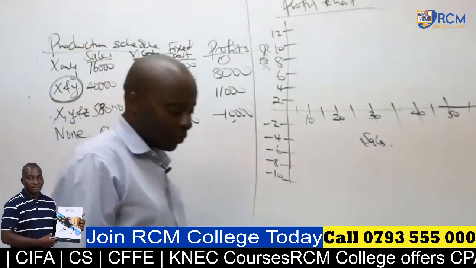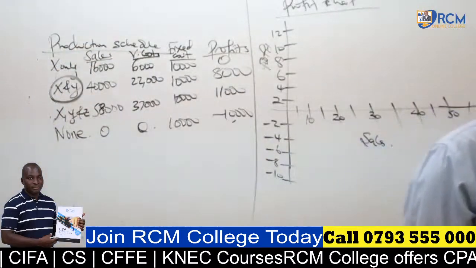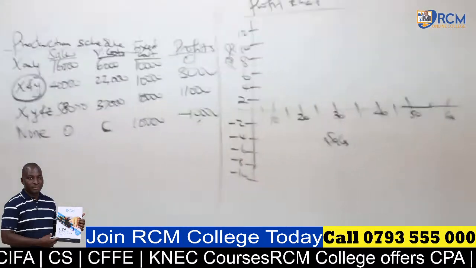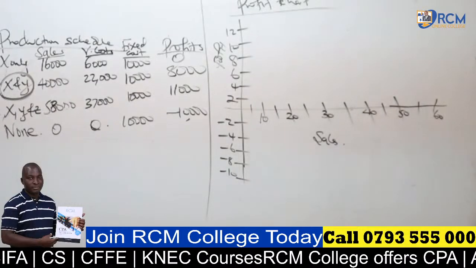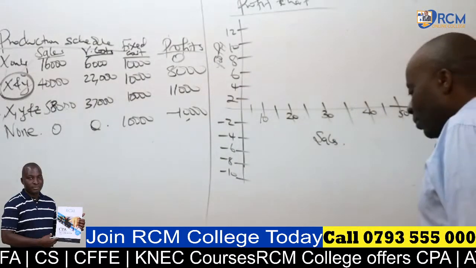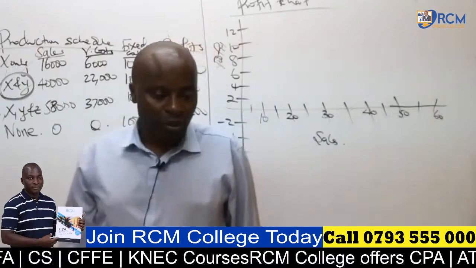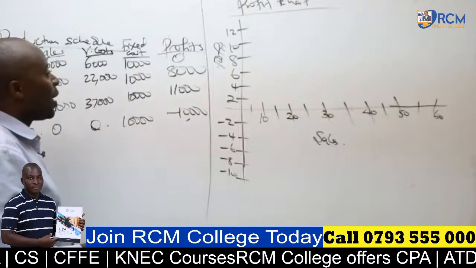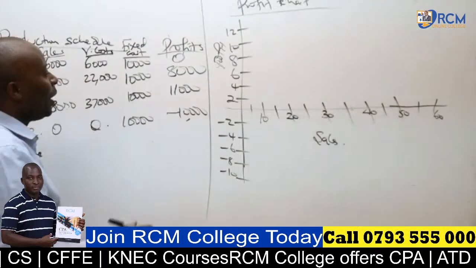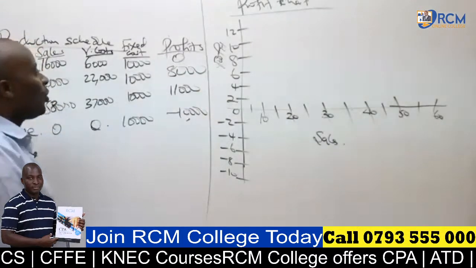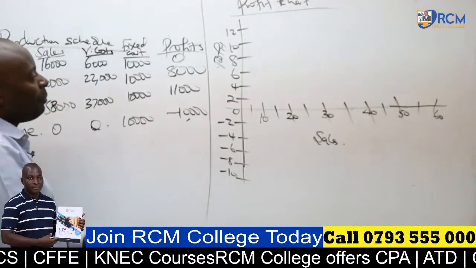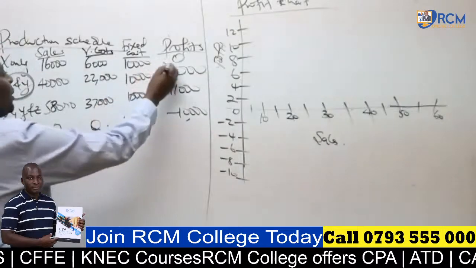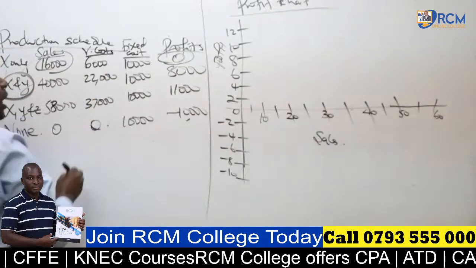So from there, let's capture our imaginations on this graph. Remember, we are mapping profit versus sales. The first point is profit of 0 versus sales of 16,000.